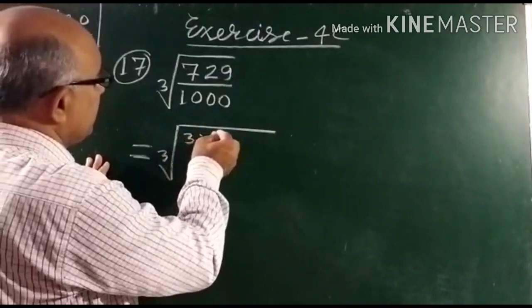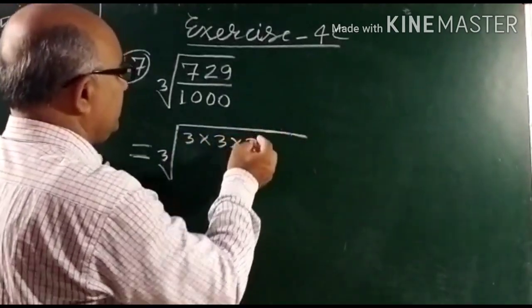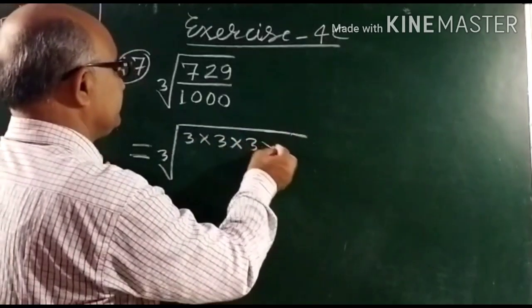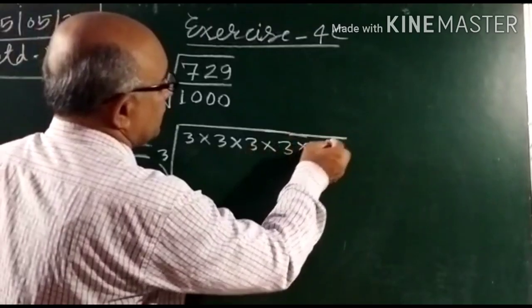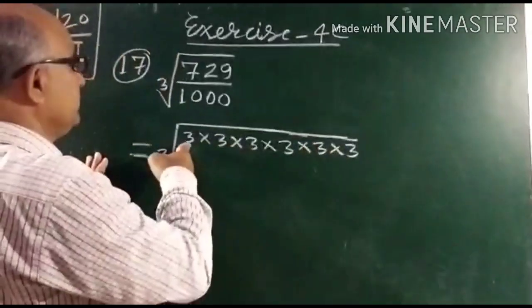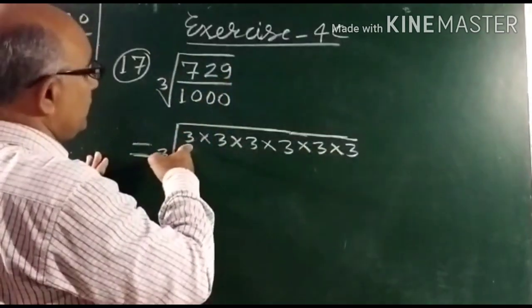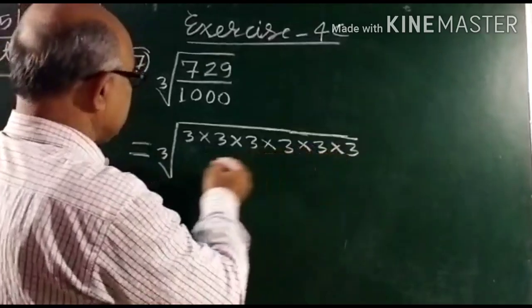It is 3 into 3 into 3 into 3 into 3 into 3. Just find prime factors of 729, 3 into 3 into 3, 3 into 3 into 3.